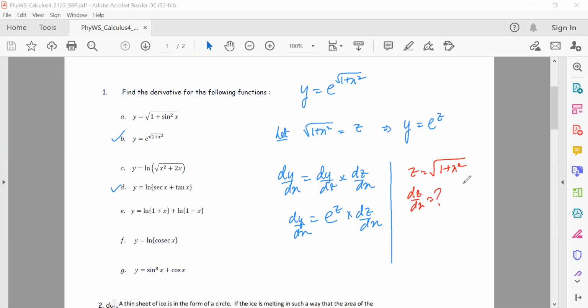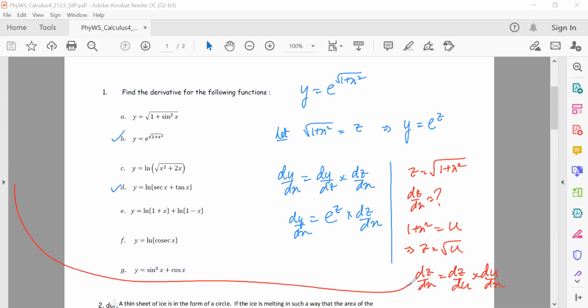So for that, take 1 plus x square as some new variable, let's say u. So z is equal to square root of u. So dz by dx is dz by du into du by dx. I'll just do this over here.